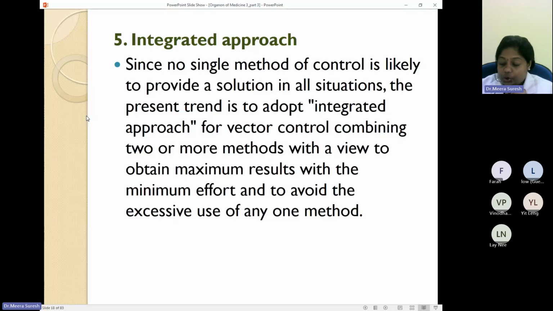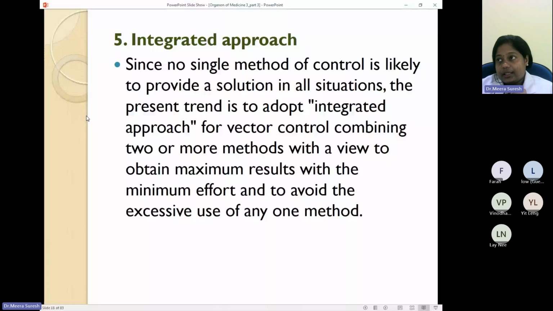But when we do each individually, we know there is no one particular technique which we can rely on exclusively. We can never say that if we do the environmental control, then all the vectors or the insects can be controlled or killed. We can never say that.